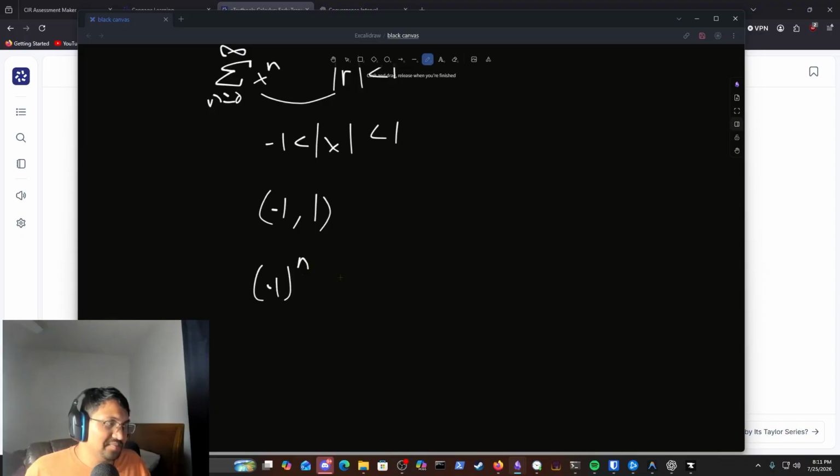Negative 1 to the n. Well, this is an alternating series. This is how the sequence of series terms is going to go. It's going to be negative 1, then negative 1 squared, then negative 1 cubed. That's going to be negative 1, positive 1, negative 1, positive 1, negative 1.